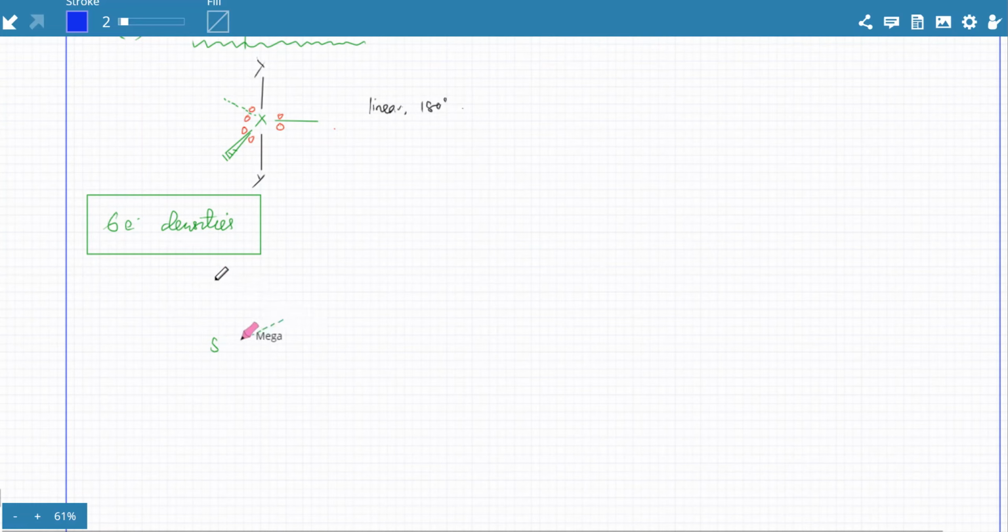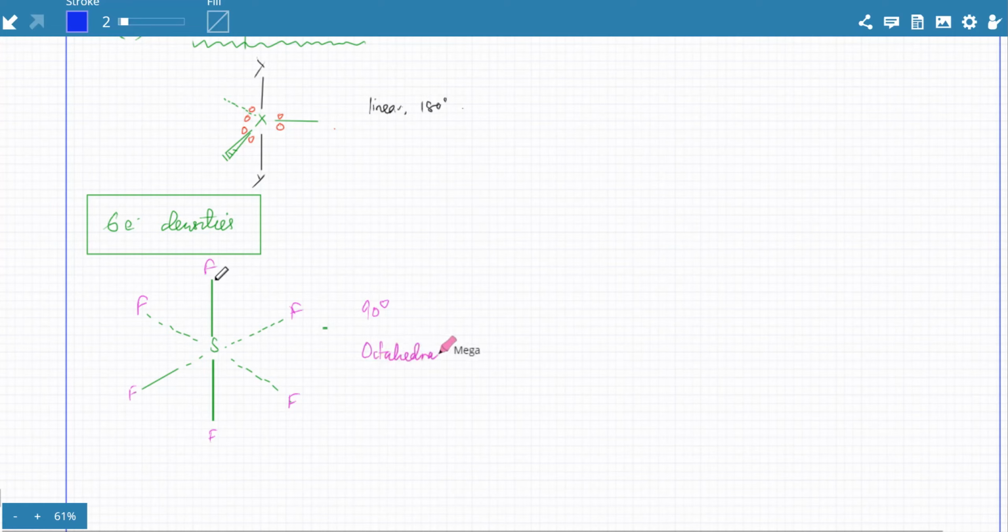We can think of it as this is the x-axis, this over here is the y-axis, and then there's the z-axis on top and below. So there are six sides, and there would be a fluorine atom attached to each one of the sides. All the angles are going to be 90 degrees, and this is going to be called an octahedral shape.